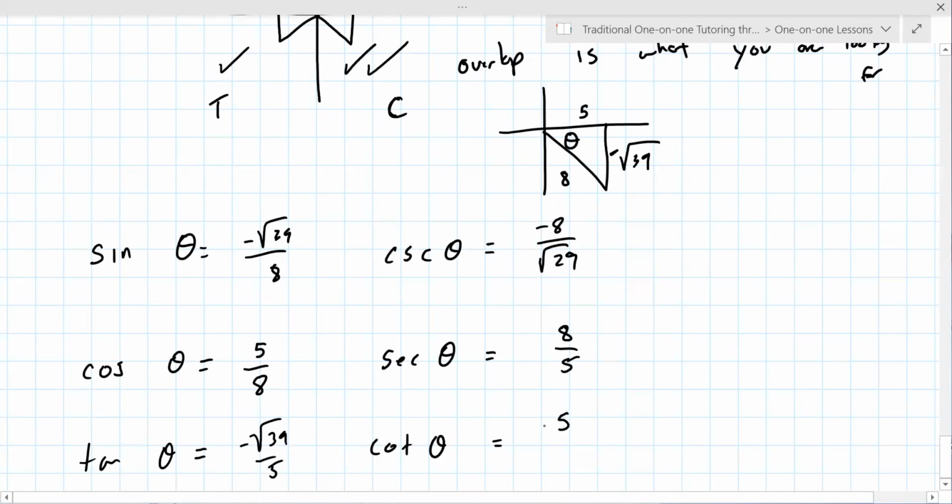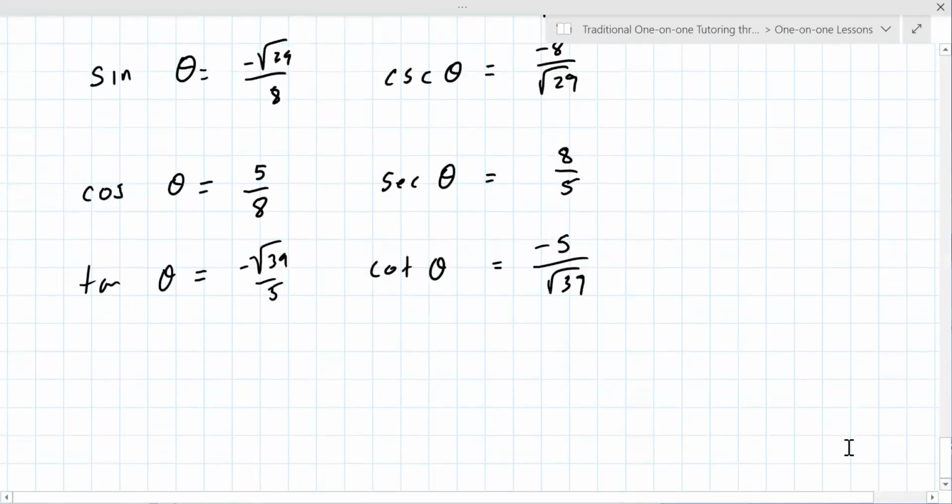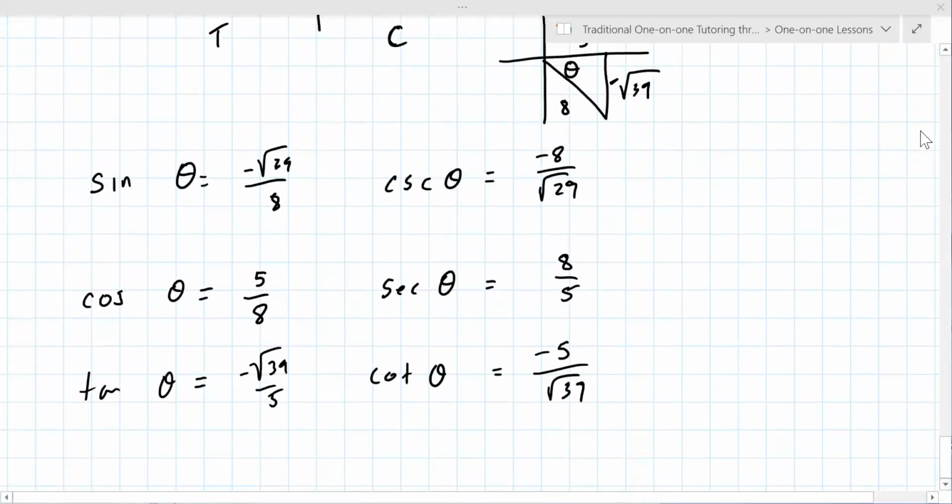And then this is negative 5 over square root of 39. So there's actually a lot there for such a short problem.